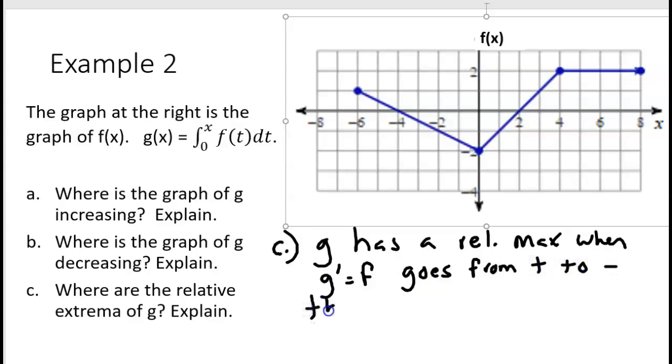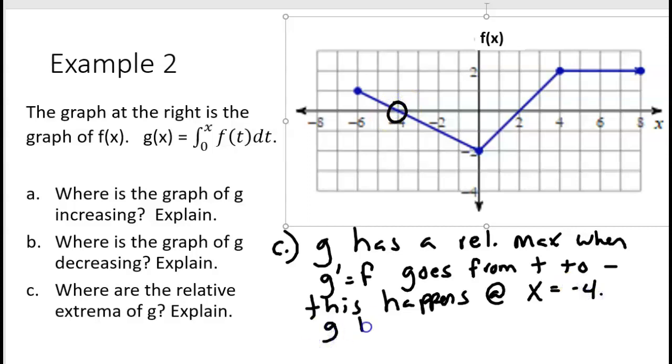This happens where? Well, if g prime, which is the graph above, is going from positive to negative, that means it goes from being above the x-axis to below. So where does this line go from being above the x-axis to below? Well, that happens right there at -4.